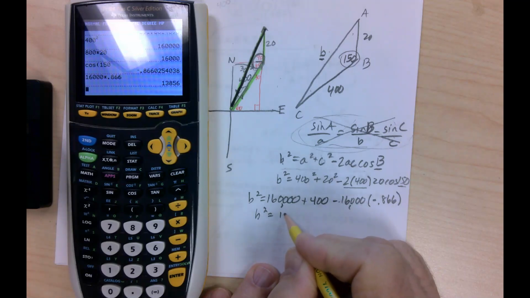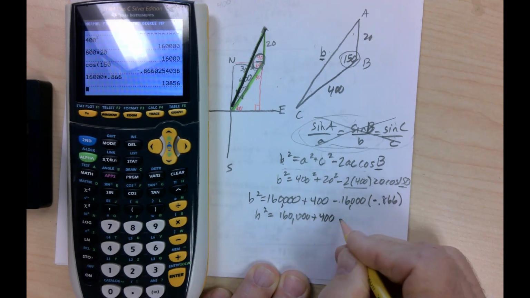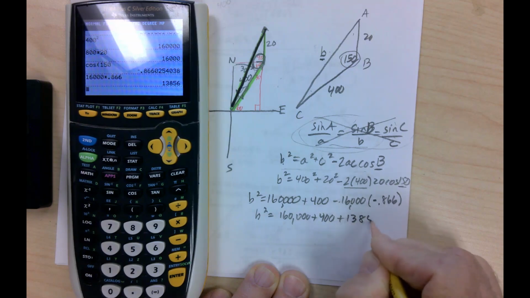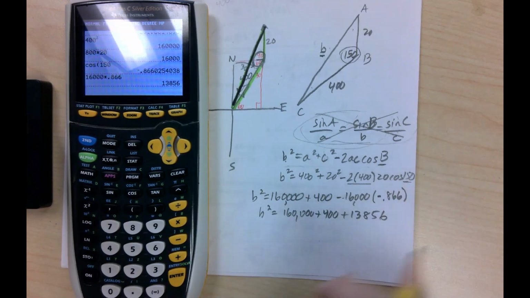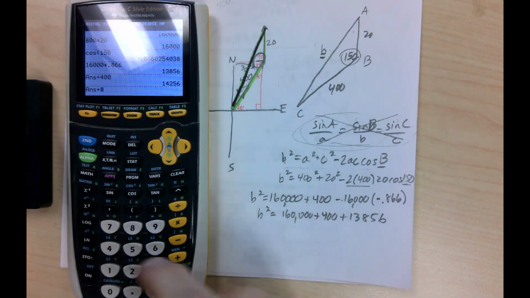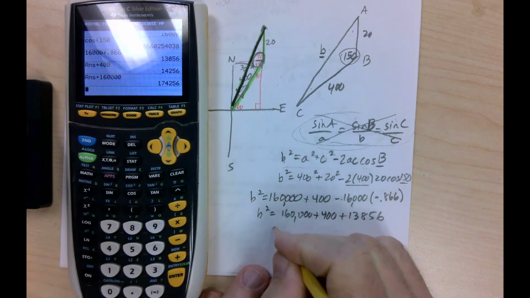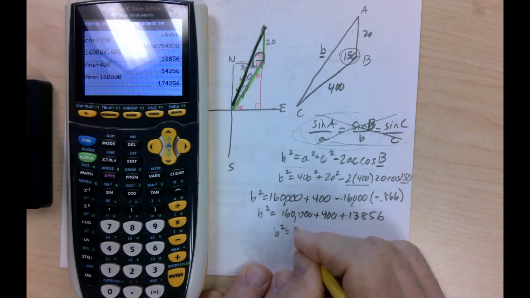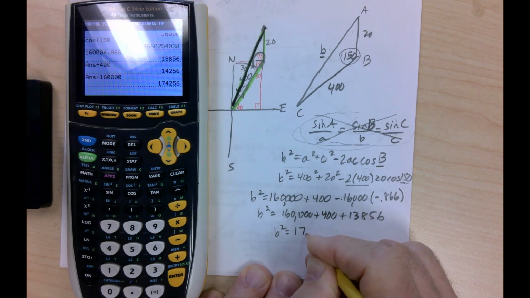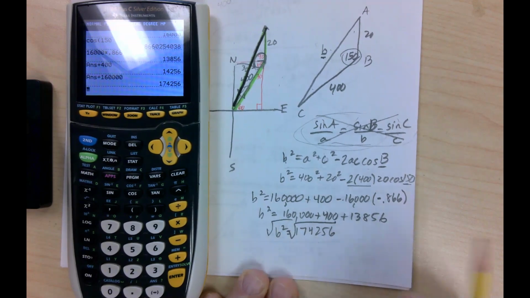So I got 160,000 plus 400 plus 13,856. And I get B squared equals 174,256. Now I got to take the square root.